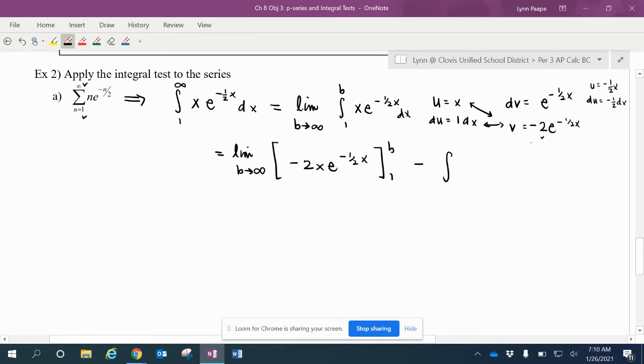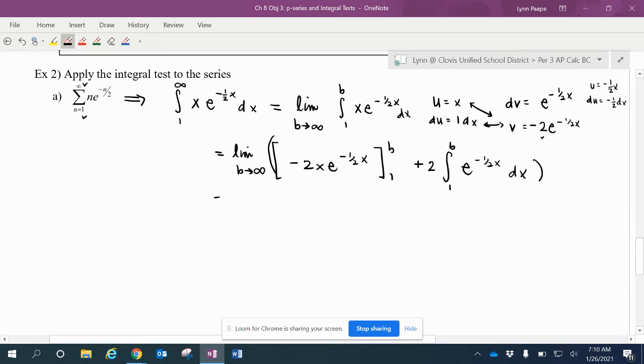So multiply these two together. So I have a double negative, so that would be a plus 2. And then e to the negative 1/2 x dx, from 1 to b. And then that whole thing is going to be the limit, right? So let me just do an extra set of notation there.